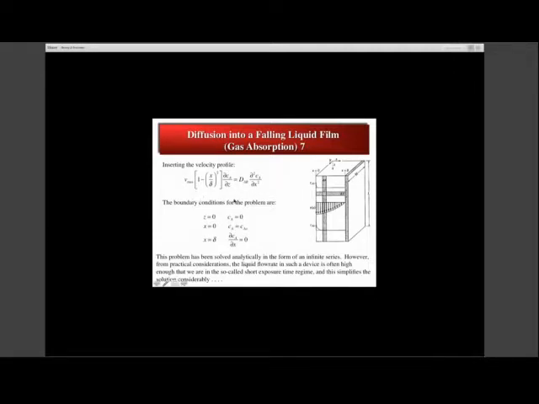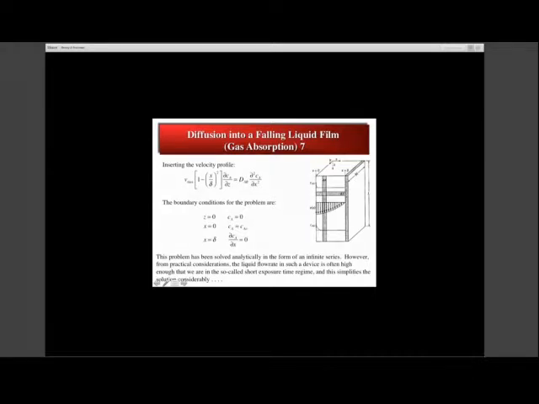And so if we put the velocity profile in for the Z component, the boundary conditions are that at Z equals 0, at the top of this liquid layer, the concentration of A is equal to 0. In many practical situations, you're recycling that liquid, and the concentration may not be 0, but this introduces a trivial change into the final answer.